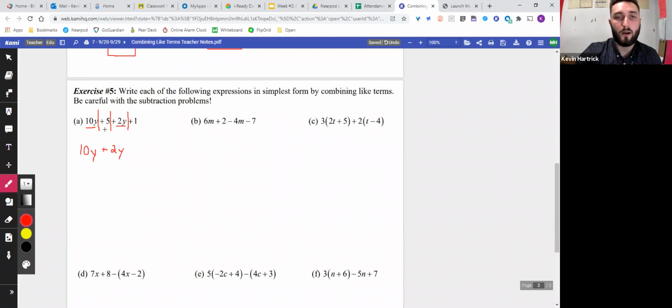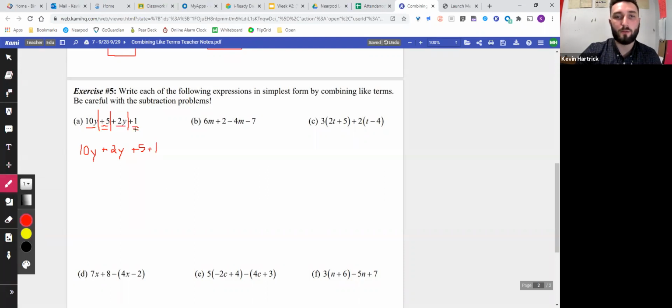Now I'm going to double underline the constant terms. And that lets me know that these ones over here are the constant terms. So I'm going to put plus 5 because of positive 5. Whoops, not a y. Don't confuse ourselves. That is not a y. Positive 5 and then a positive 1.